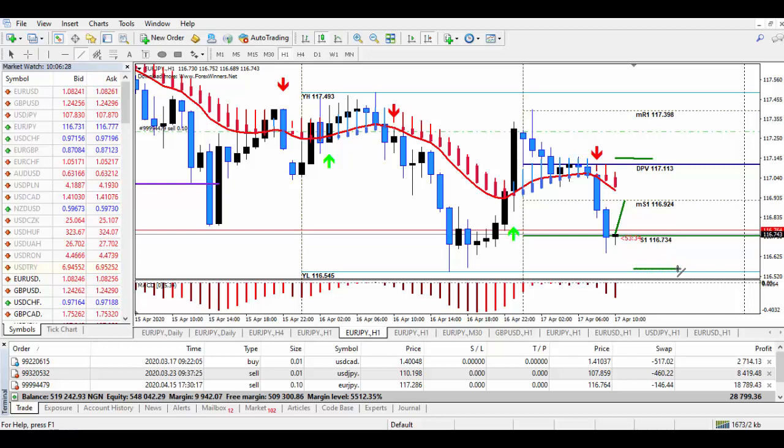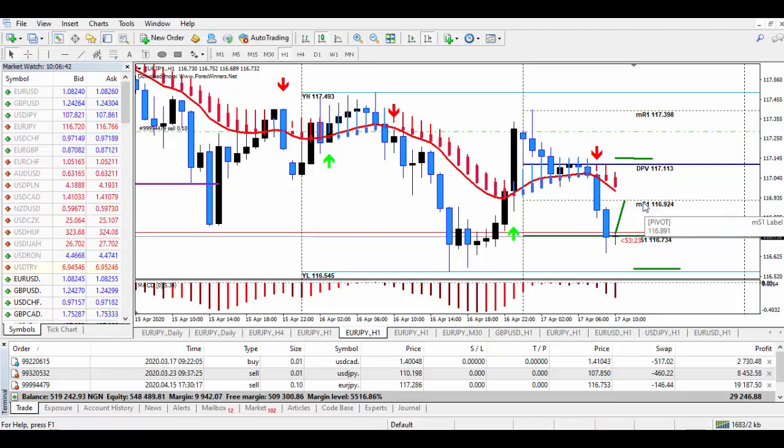That's this line here, yesterday's low. Now if this price breaks through this level and opens a new candle here and closes, you can still look forward to placing a new sell trade. What if this price breaks this level, this MS1, and goes further towards this DPV? You can still look forward to placing a sell trade here.